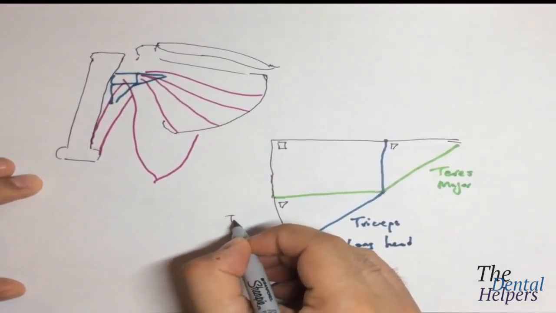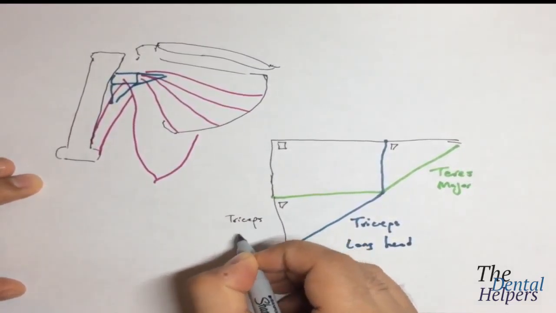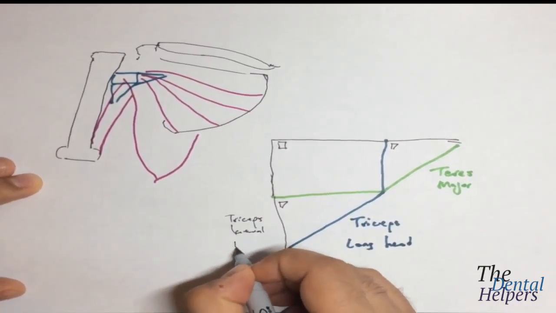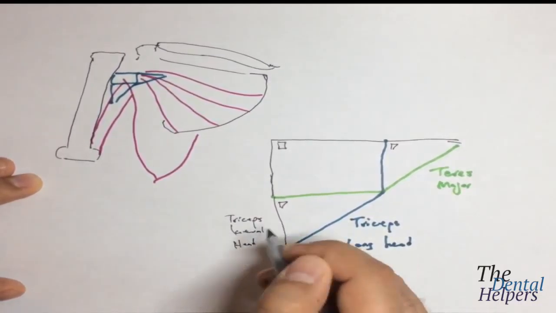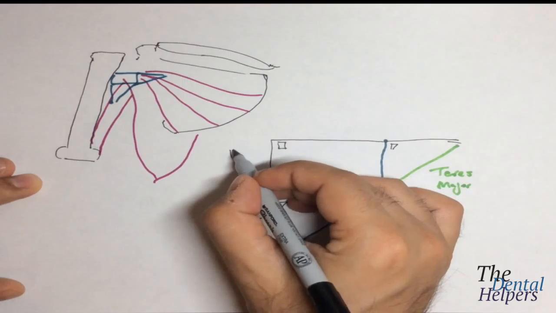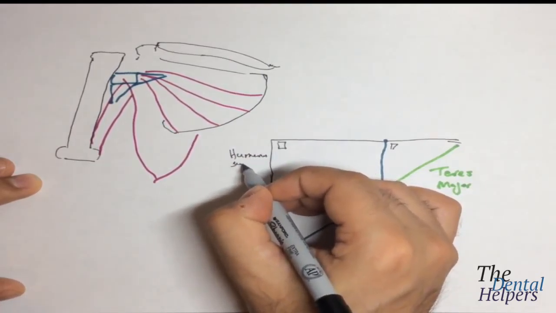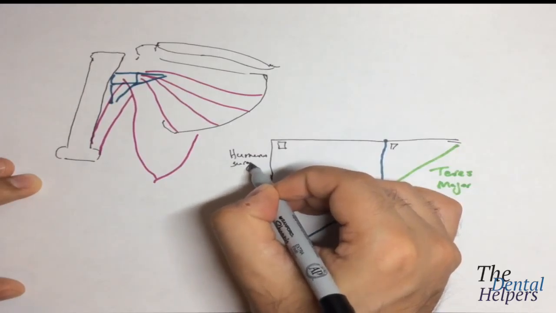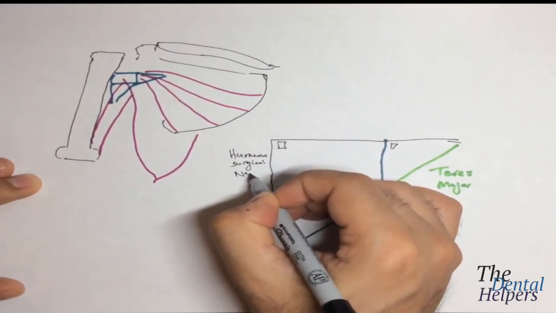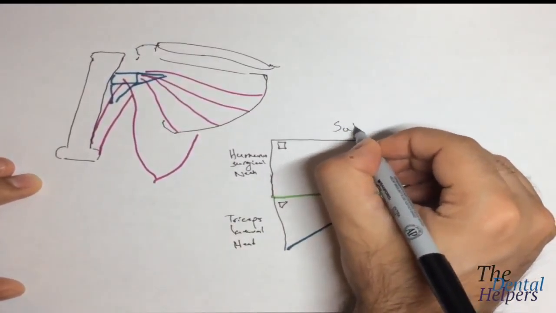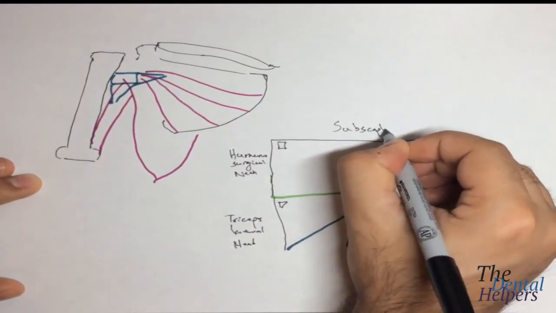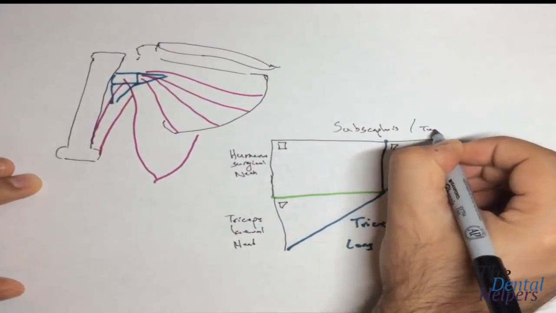The tricep lateral head. The surgical portion of the humerus neck. Subscapularis, and teres minor.